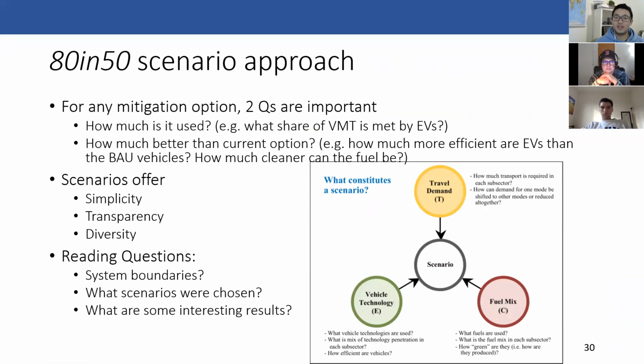And I'll give a quick rundown of some of their approaches and results. For every mitigation option, there were two essential questions: how much does it get used, and how much better is it than the current option? And so you have to evaluate basically all the potential technologies.